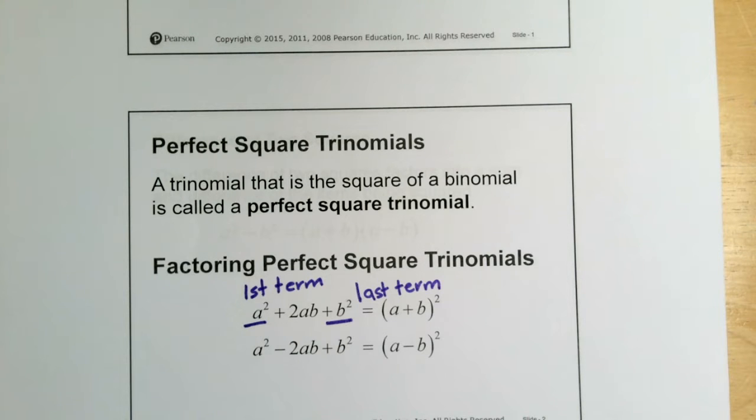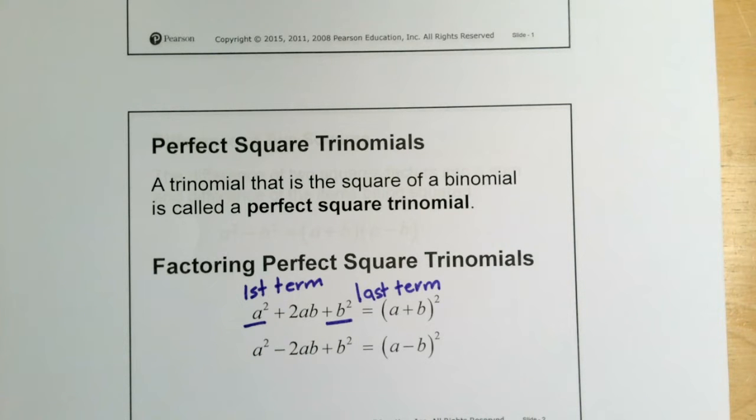The middle term is either 2 times the square root of the first term and the square root of the last term, or -2 times the square root of the first term and the square root of the last term. We saw this in 5.4 when we practiced multiplying polynomials, and now we're just going backwards with them. We're factoring them, okay? When you look at them, you are trying to determine, is this a perfect square trinomial?